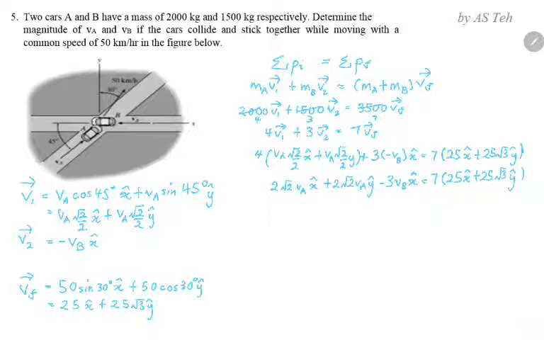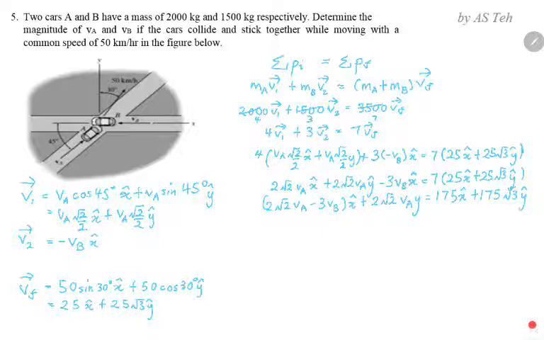Okay, so what I want to do is group them together in terms of their vector components. So 2 square root 2 VA minus 3 VB, x, plus 2 square root 2 VA, y, equals 175x plus 175 square root 3 y.